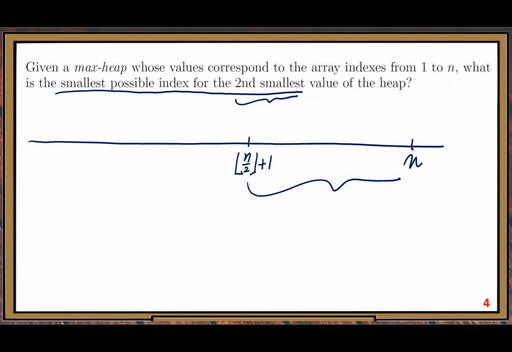This block corresponds to leaves. Leaves occupy this block. And we know leaves have height 0.